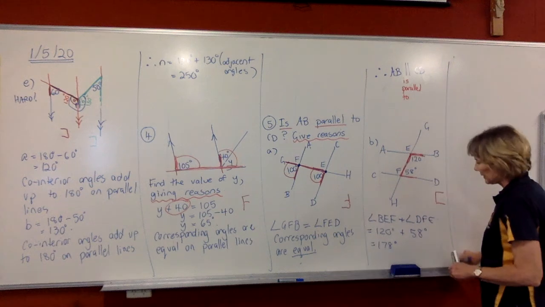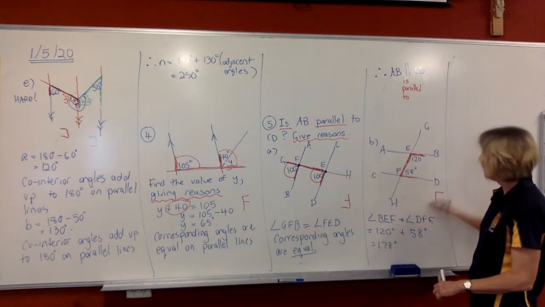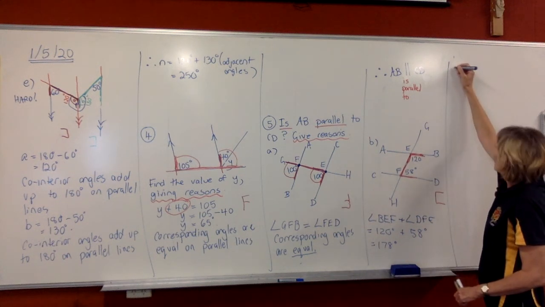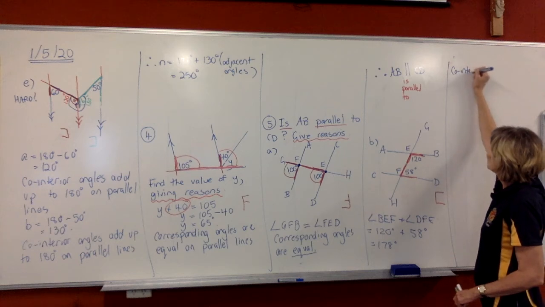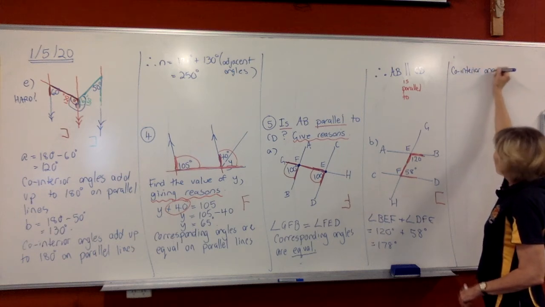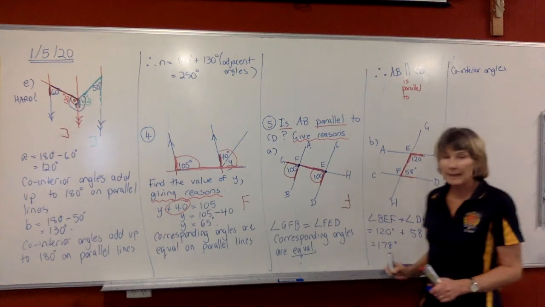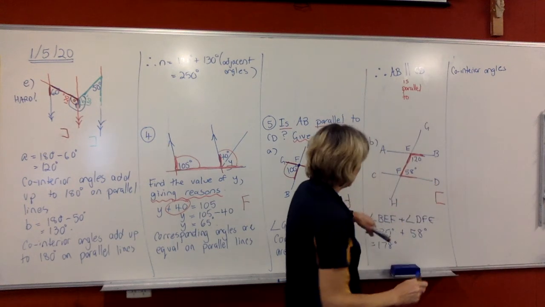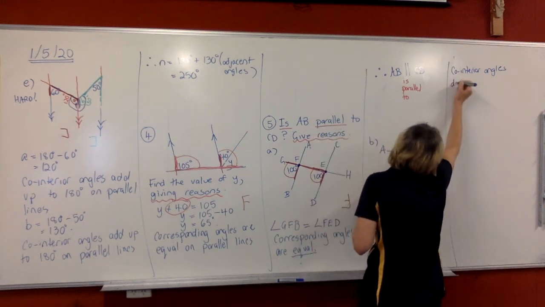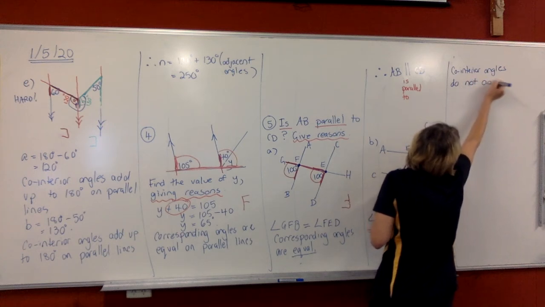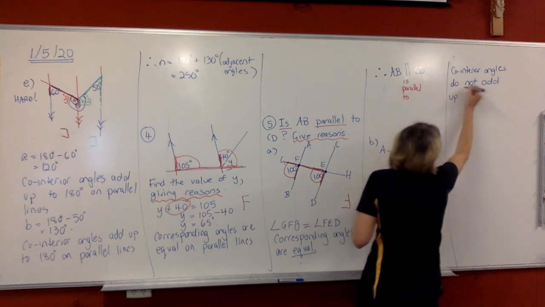So we say, after that line there, co-interior angles, because they are co-interior because they formed a C, but we're going to say the co-interior angles do not add up to 180 degrees.